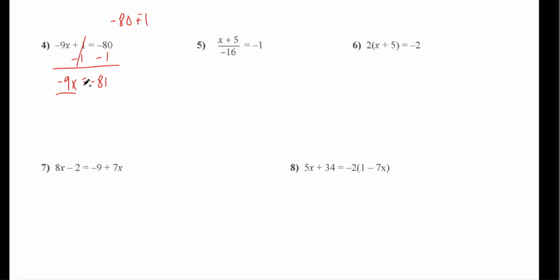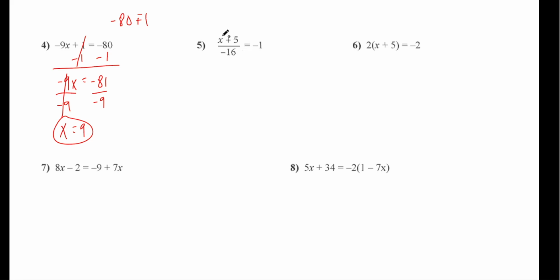I knew you were going to say that, and I say this every time. It's a negative 9. It's a big difference. Don't just say, well, it's only a negative, Mr. Hamrick. It's not just a negative, it's a completely different number. So we divide by negative 9 here, divide by negative 9 here, cancels, x equals, negative divided by a negative is positive, 81 divided by 9 is 9.